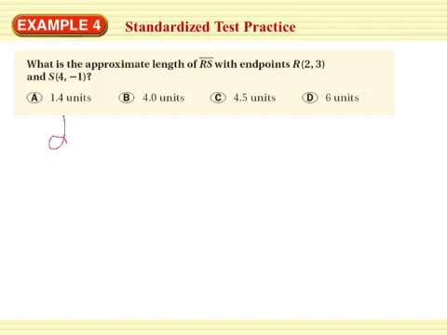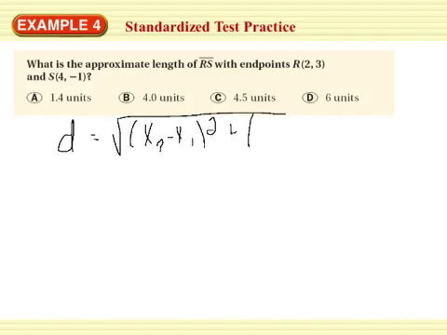Okay, we're just going to do the distance, the square root of x2 minus x1 squared plus y2 minus y1 squared. Let's plug everything in. I'm going to say this is x1, y1, and this is x2, y2. Okay, I could have switched them. It really doesn't matter as long as you are consistent.